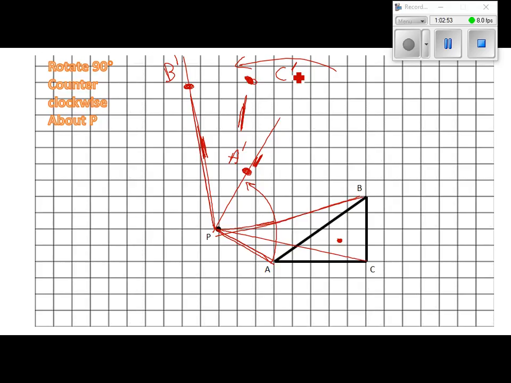Guess what I do with those 3 points now? Connect them. That's so much work. Does that look like the original triangle, if you could see it?